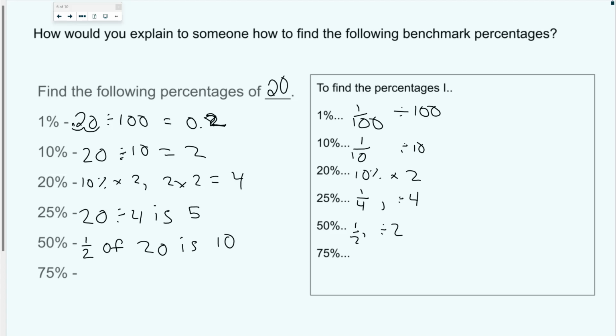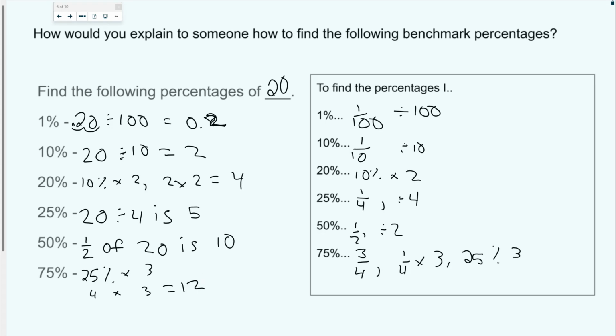Now let's get 75%. 75% is the same as 3/4, which is 1/4 times 3, or 25% times 3. So first thing we're going to do is get 25%, which is 4, times 3, which would give you 12.